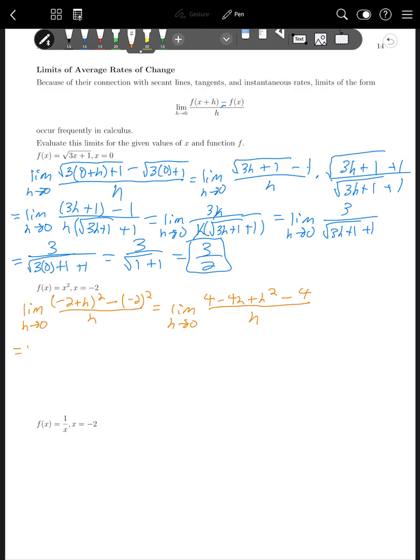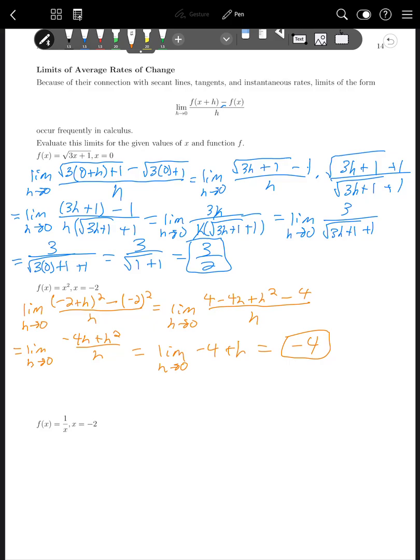Combine like terms. So this is the limit as h approaches 0 of negative 4h plus h squared over h, which we can cancel out some h's now. So this is the limit as h approaches 0 of negative 4 plus h. Plug in 0, and you get the limit is negative 4.